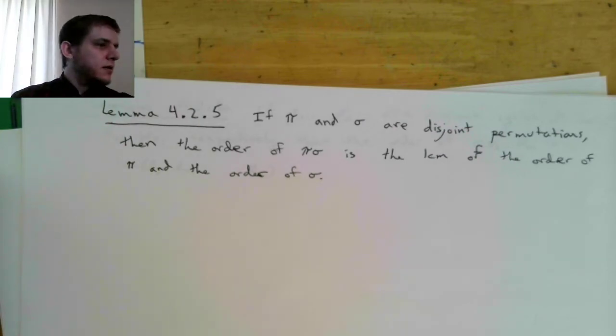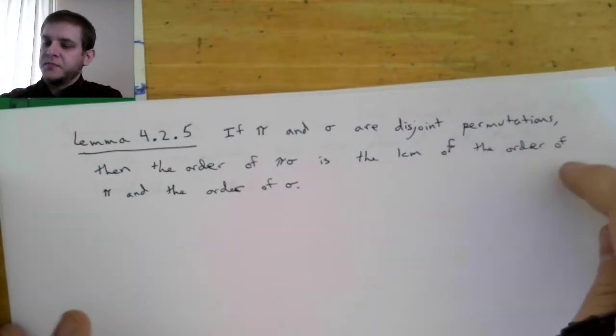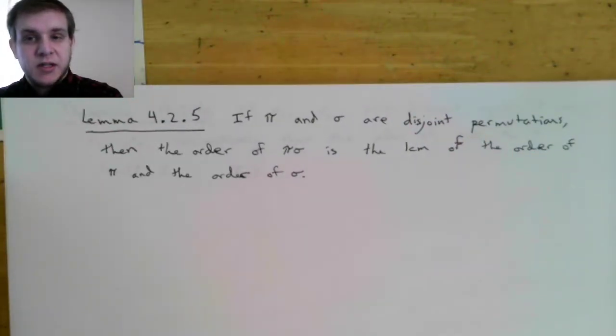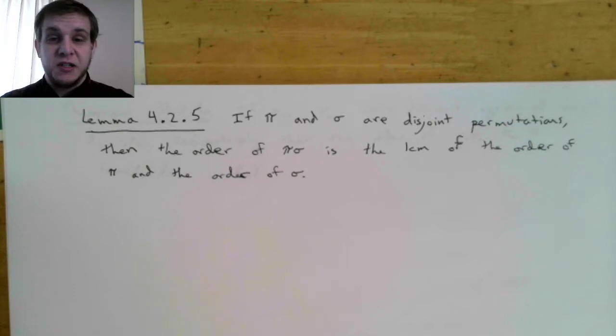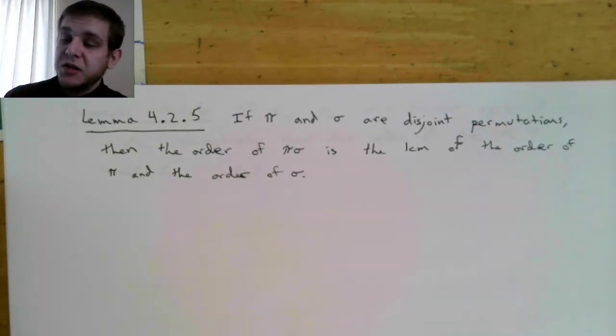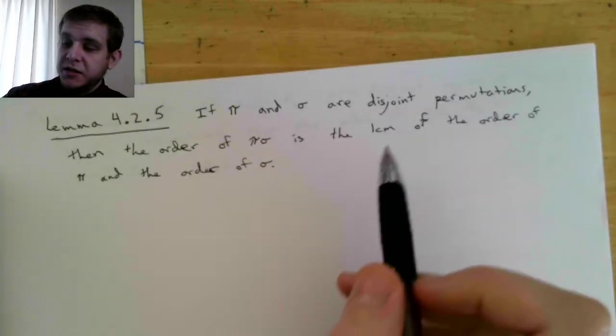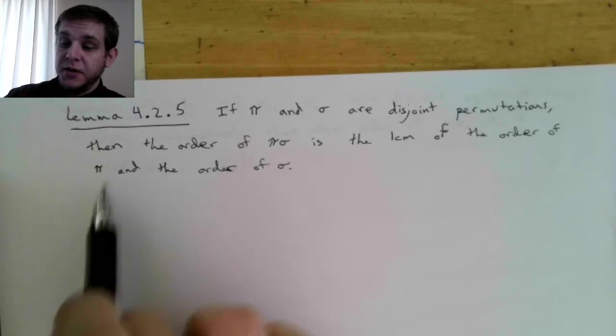So it makes sense to ask what happens when I take disjoint permutations, take their product, so I take their composition, right? The group operation for permutations is composition. So when I take the product of two permutations, what is the order? Well, it's just the least common multiple of the orders of each of pi and sigma.